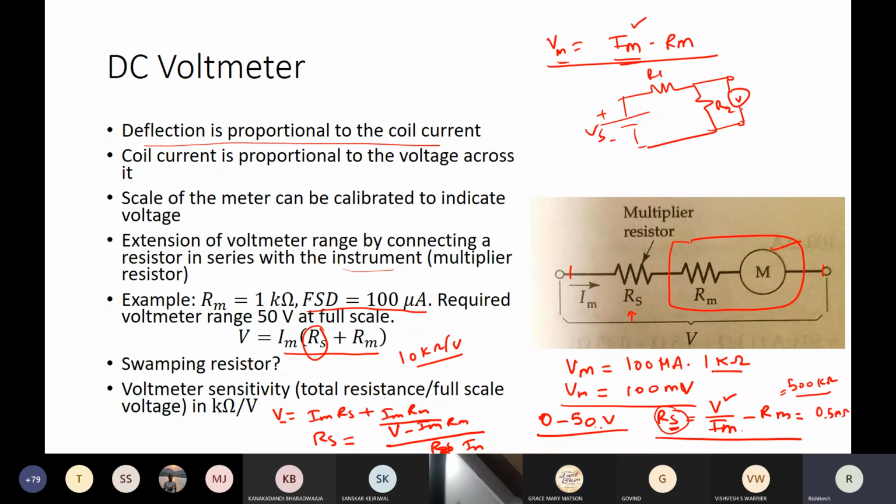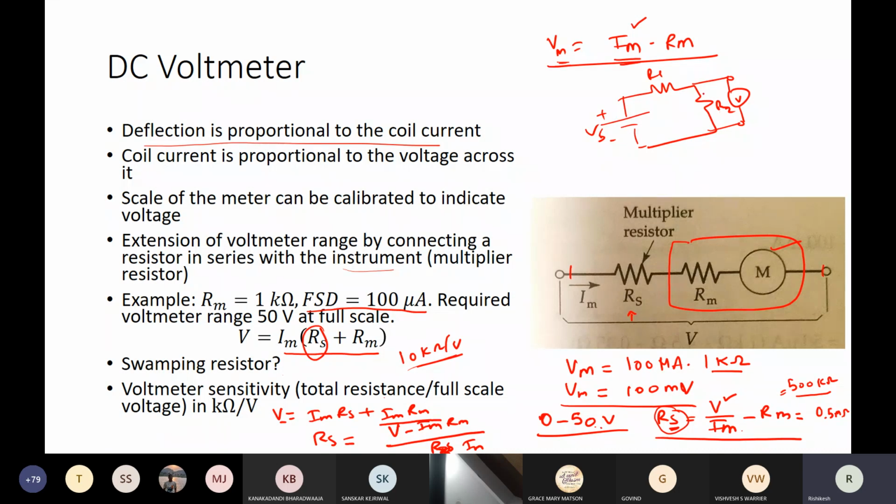So you see here, in that context, voltmeter sensitivity should be high or low? Voltmeter sensitivity should be high, right? When voltmeter sensitivity is high, the resistance offered by the voltmeter will be high, right? So there will be lesser and lesser loading effect when you are measuring the voltage.